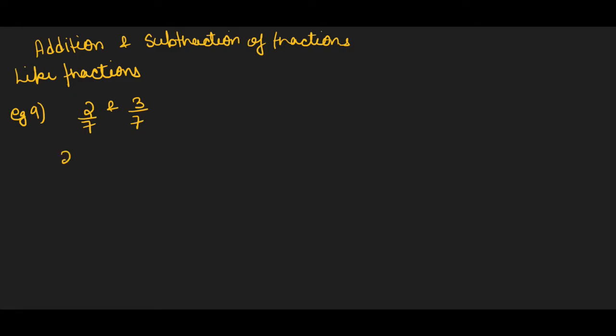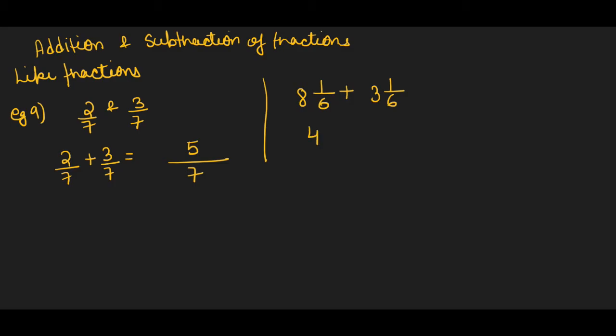Simply children, 2 upon 7 plus 3 upon 7, same denominator, and 2 plus 3 will be equal to 5. Another example that we can consider is if they are mixed fractions, 8 1 by 6 plus 3 1 by 6. So what will we do? Simply convert them first into improper fractions. 6 8s are 48, 48 plus 1 is 49, 49 upon 6 plus 6 3s are 18 plus 1, 19 upon 6.